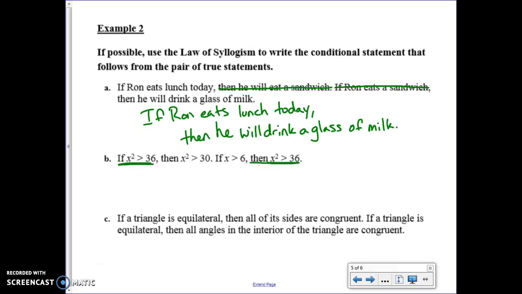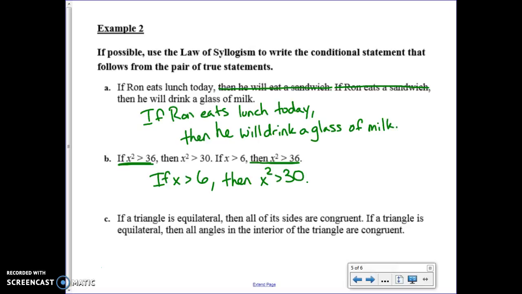One is in the hypothesis and one is in the conclusion, so that's important. But if you look at what's left over, what's not underlined, my if x is greater than 6 would be the hypothesis, then x squared is greater than 30 would be the conclusion.